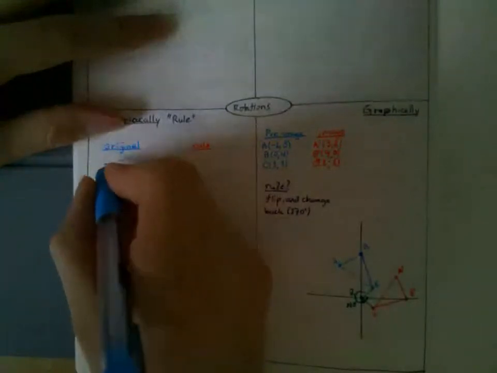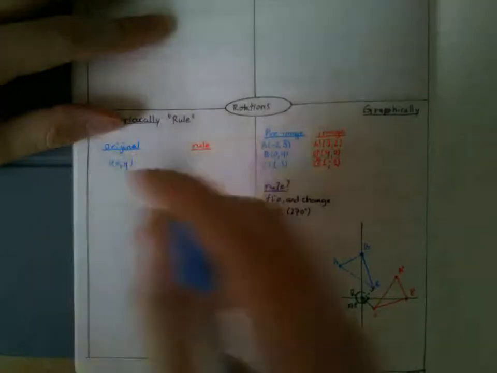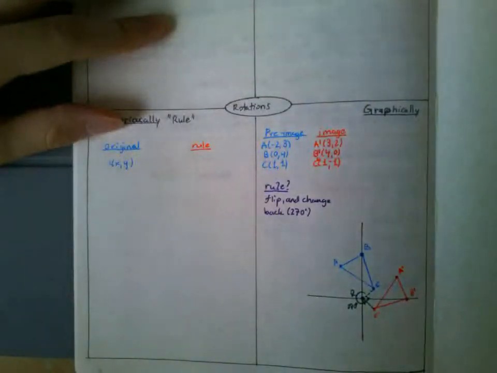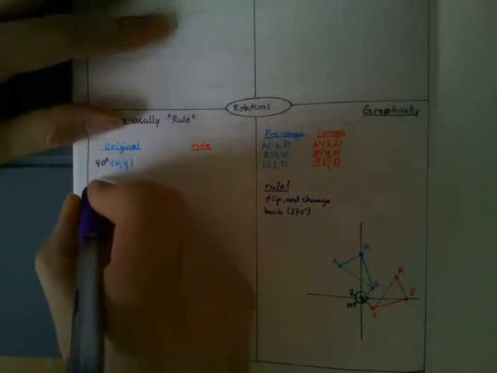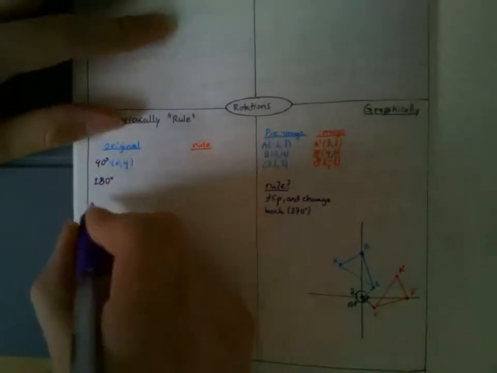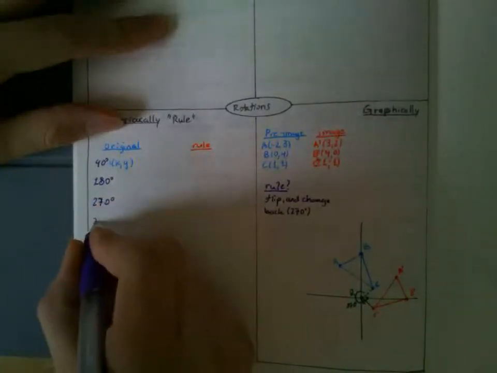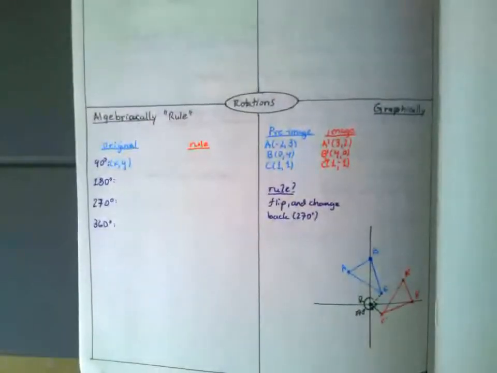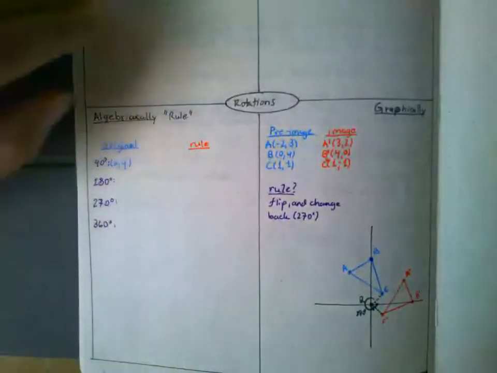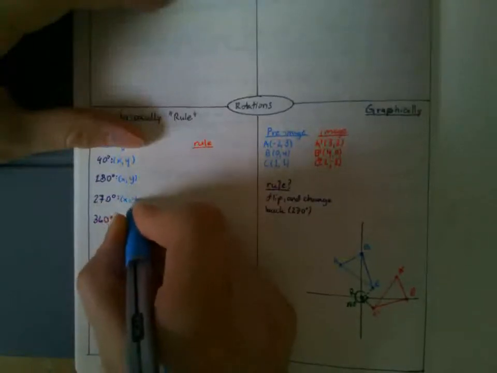Okay, so we have our X and Y. And for this first one, I'm going to write the degrees in purple: 90 degrees, 180 degrees, 270 degrees, and of course, 360 degrees. Okay, respectively for each. And all of these are going to start at the same spot. X, Y. Okay, nothing new there.